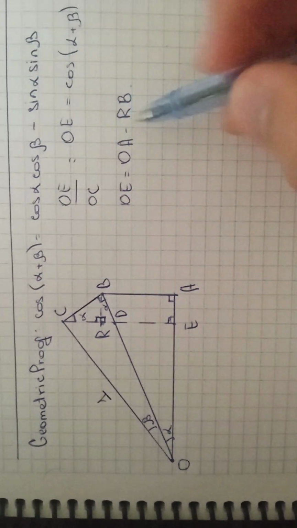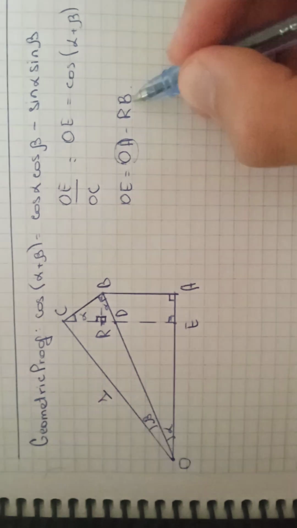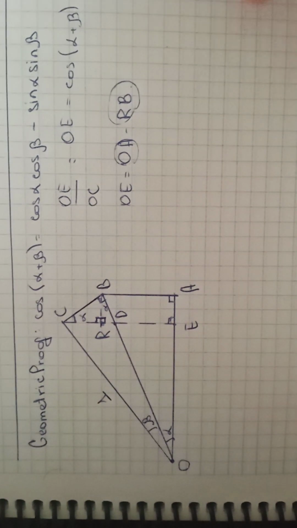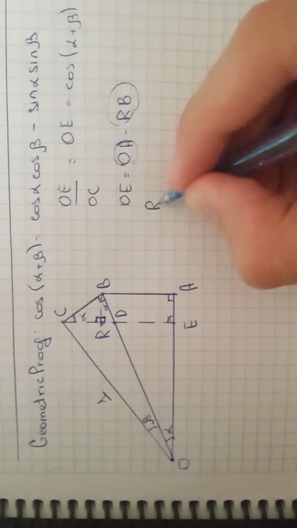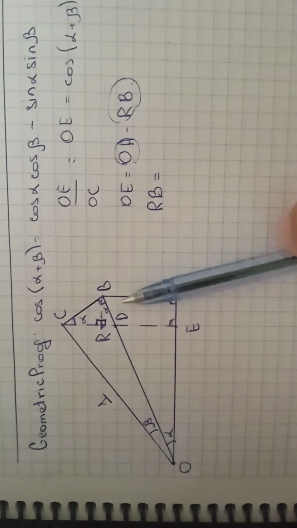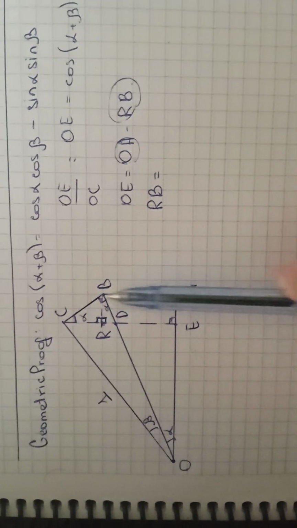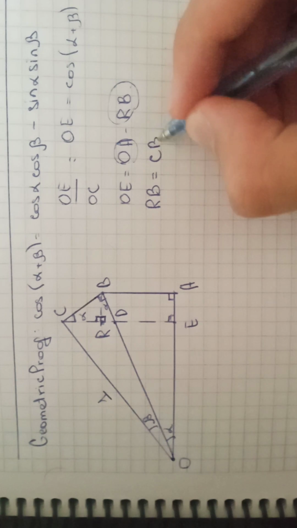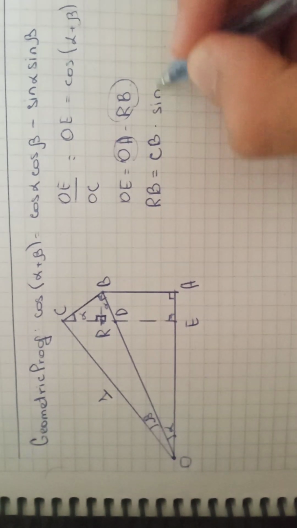We can move on, so we take these parts separately. Let's first start with RB. What is RB equal to? RB is equal to CB times sine alpha.